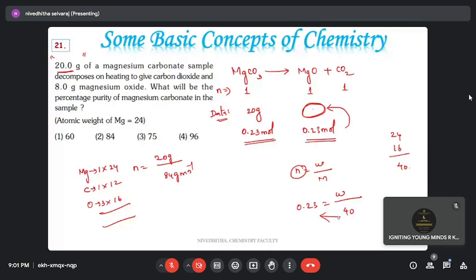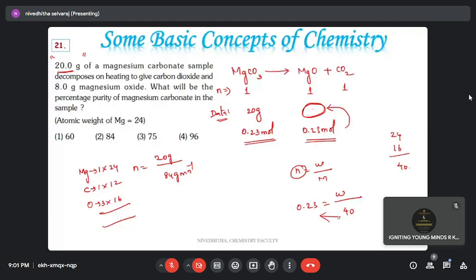No, it is not 8. 0.23 into 40 is not 8. It is 9.2. 40 into 0.23 is 9.2.